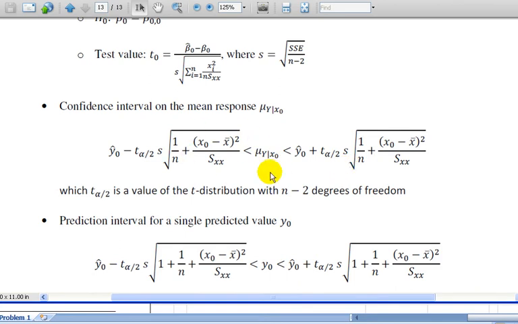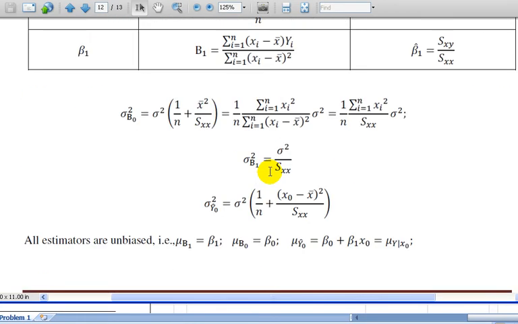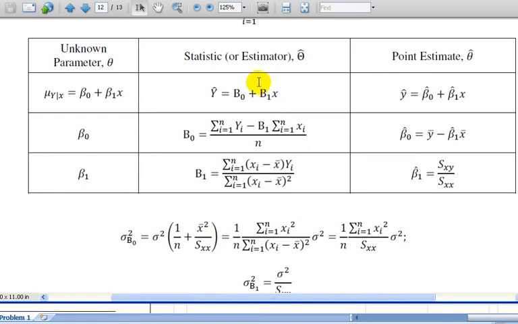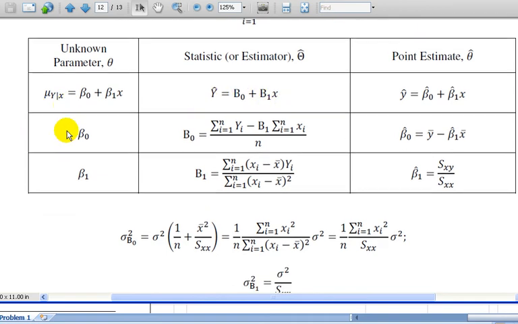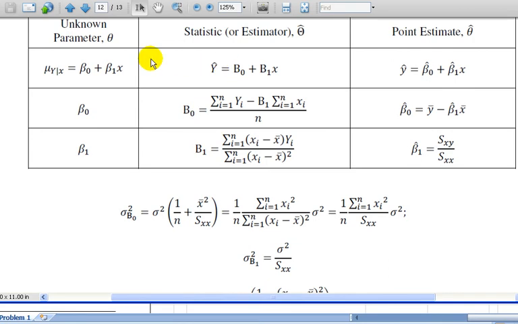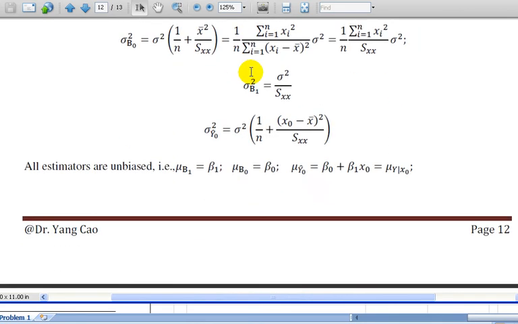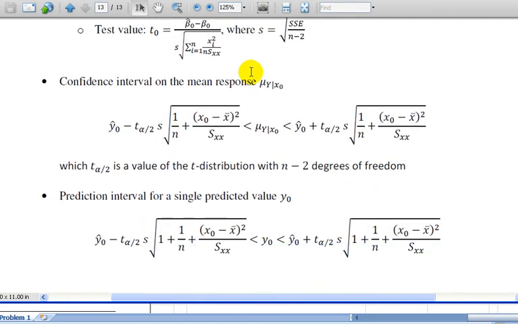Basically, this is sort of like an estimation problem too. If you look at this table right here, the mean response is the unknown parameter, and then we estimated that with a statistic, which is basically our regression line here. And we can construct a t-distributed random variable with degrees of freedom n-2. So filling out the cell according to this one here, basically it's y naught hat plus minus this quantity here.